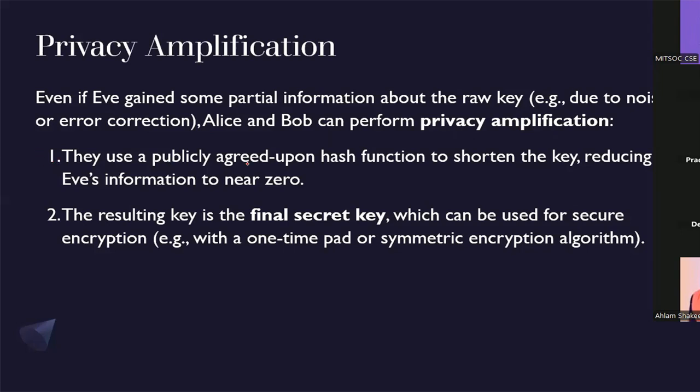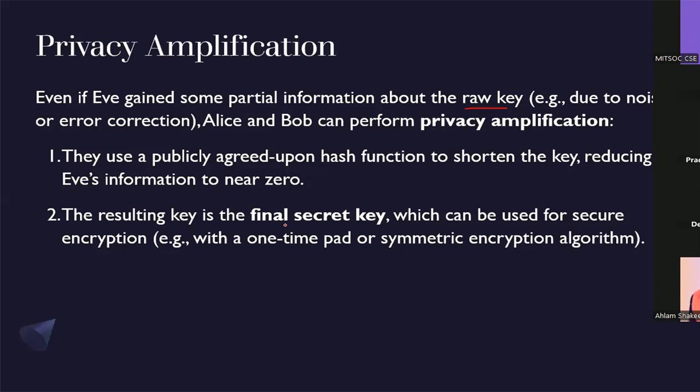They use a publicly agreed upon hash function to shorten the keys, and it will reduce Eve's information to near zero, not exactly zero. Whatever raw key information the eavesdropper has got, we apply a hash function and create a shortened key.